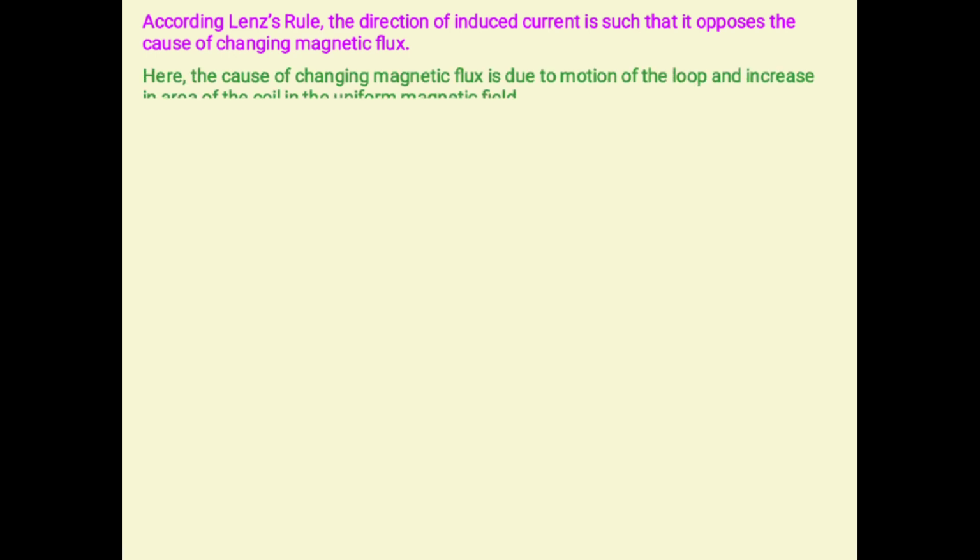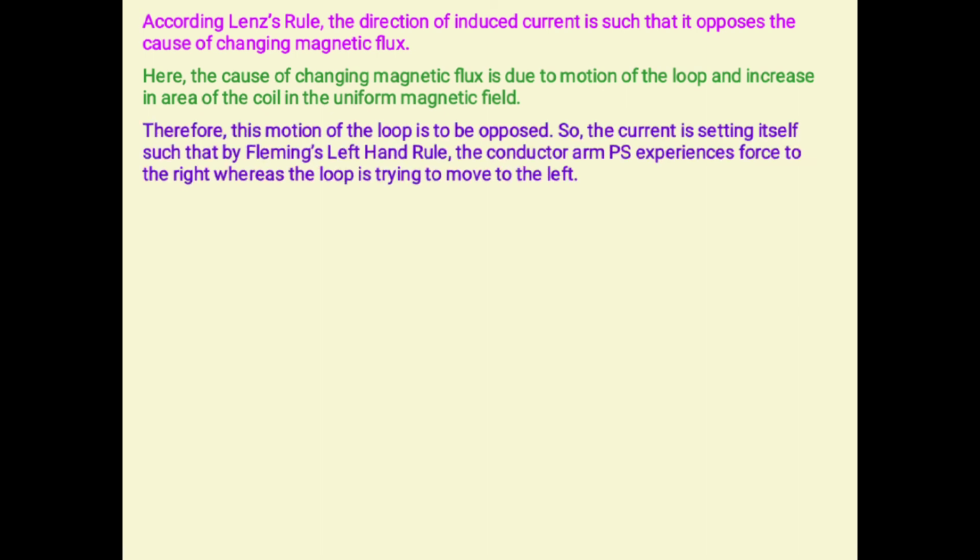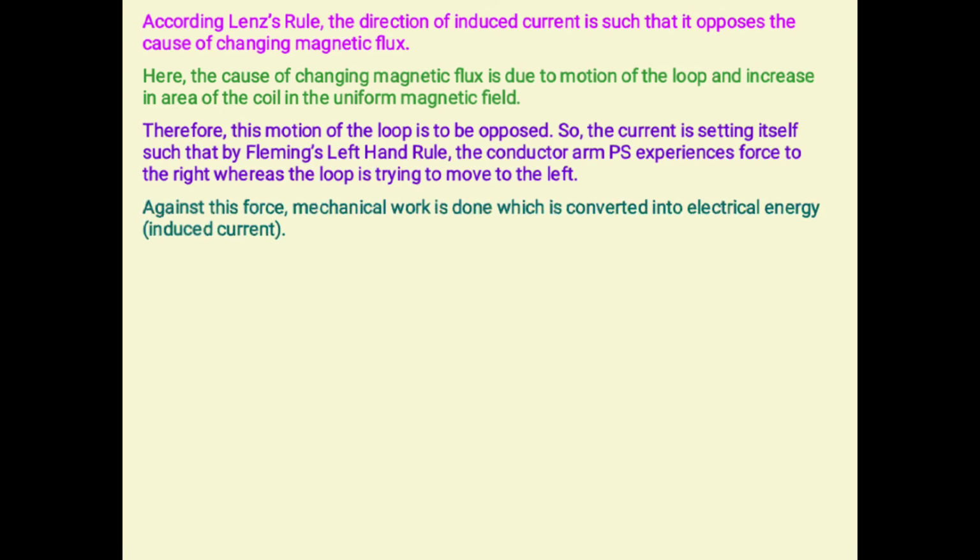Now, the induced current opposes the cause, the changing magnetic flux. The cause of the changing magnetic flux is the motion of the loop and the increase in area of the coil in the uniform magnetic field. By applying Fleming's left hand rule, we have some force and we have to work against this force. The work done against this force is the cause of production of EMF.